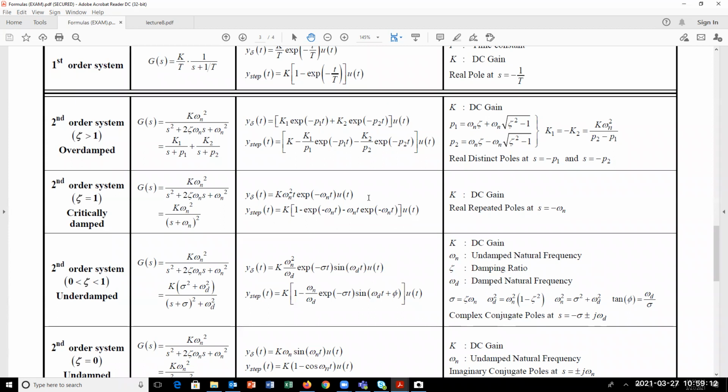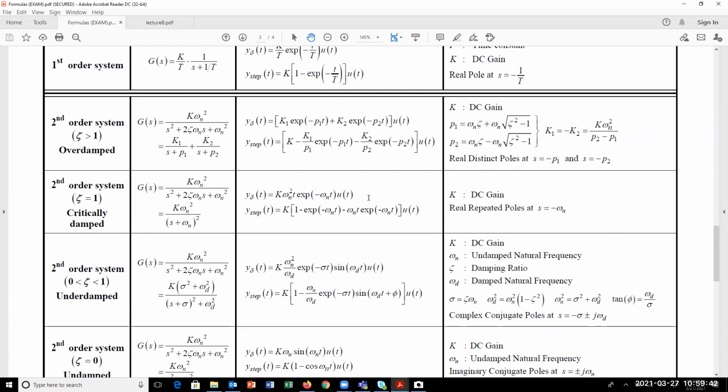The relationship between omega_d and omega_n is omega_d equals omega_n times the square root of 1 minus zeta squared. Finally, we have zeta equals 0, no damping. Then y(t) becomes K omega_n sine of omega_n t, again the whole thing multiplied by u(t).